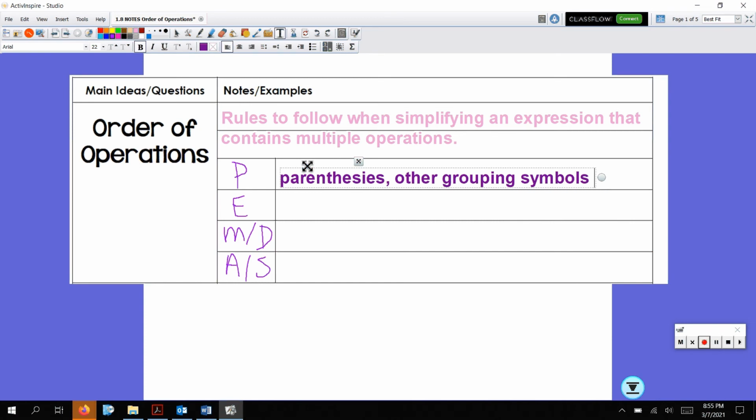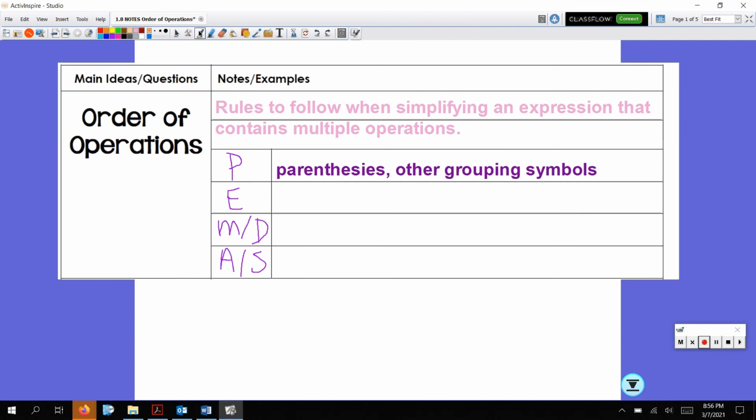Parentheses look like this. Other grouping symbols could be like absolute value, or it could be like brackets. Something like that.